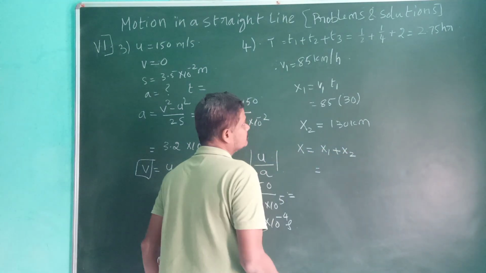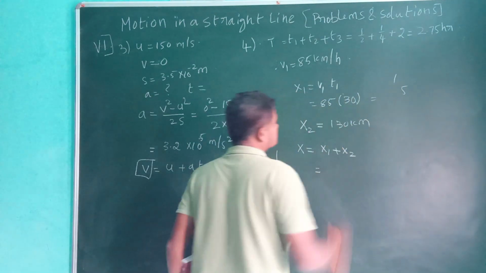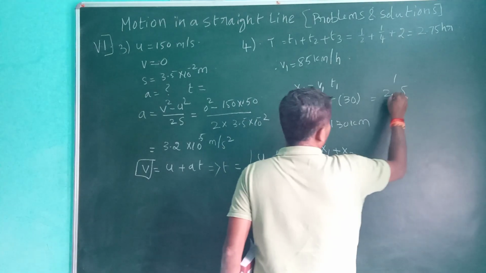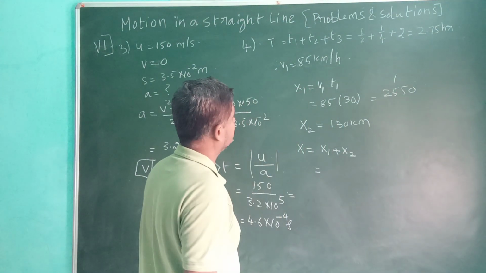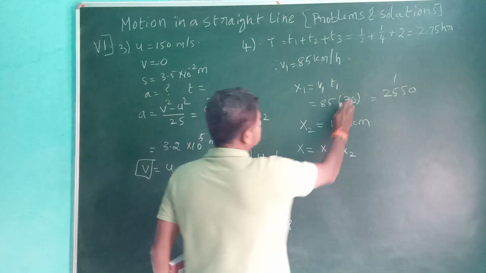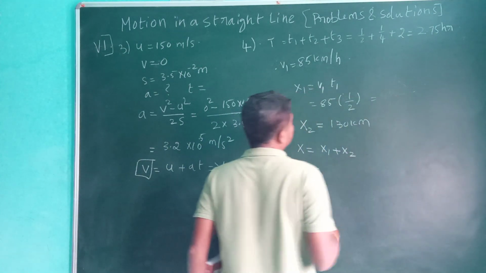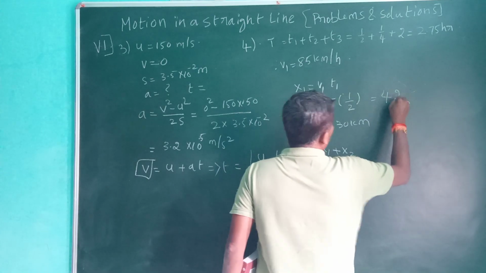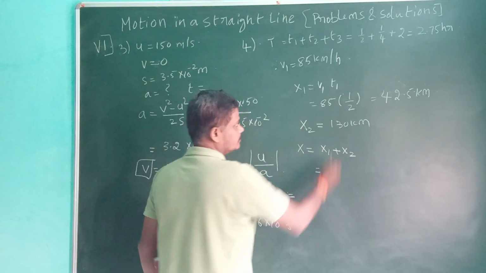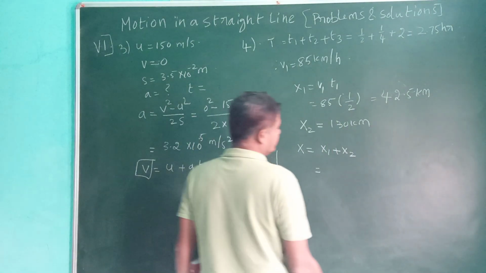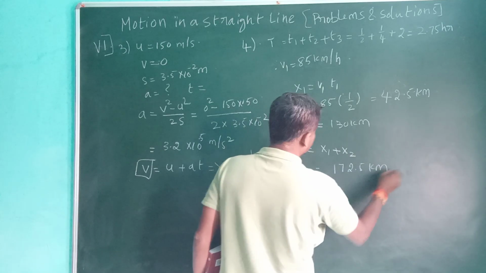Here 30 minutes means 1 by 2, so x1 is 85 into 1 by 2, we get 42.5 km. Here we get 130. So 130 plus 42.5 will be 172.5 km, which is the displacement.